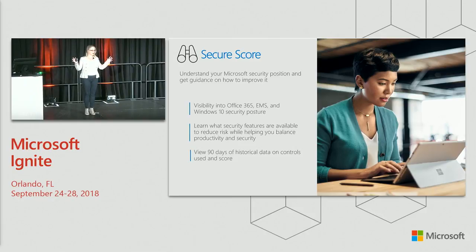We're really looking to aggregate security insights from across these sources. Secure Score is another example where you're getting kind of a unified view of the security posture across Office and Windows and your infrastructure that's running in Azure. And that includes access to historical data, which is important so you can see trending. How are you doing? How is your security posture increasing or decreasing over time? So that 90 days of historical data is available through the API as well.